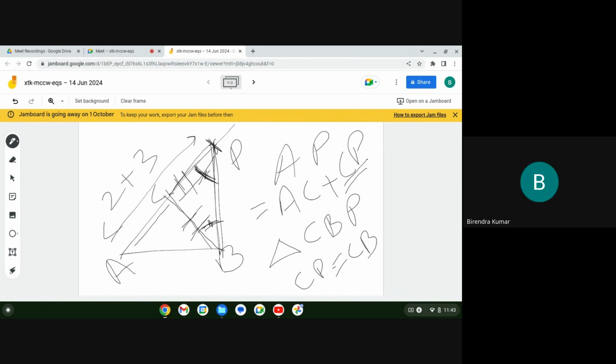CP, this part, is the same as this part. Now look at the line AP again. Now look at line AP and CB. Line AP here to here, and look at this CB. What do you see?